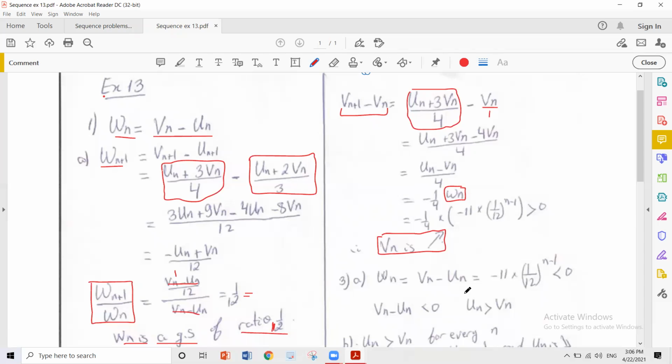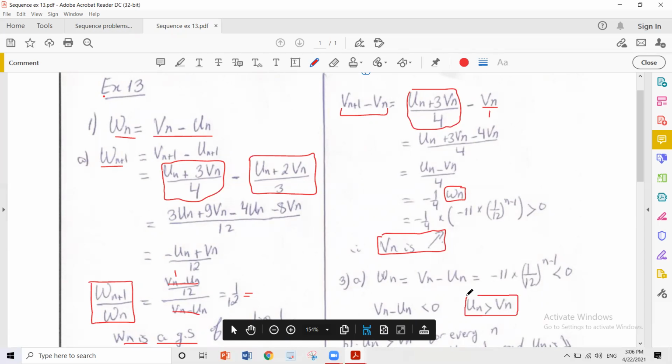It is less than 0, means Vn minus Un is negative, means that Un is greater than Vn for every n.